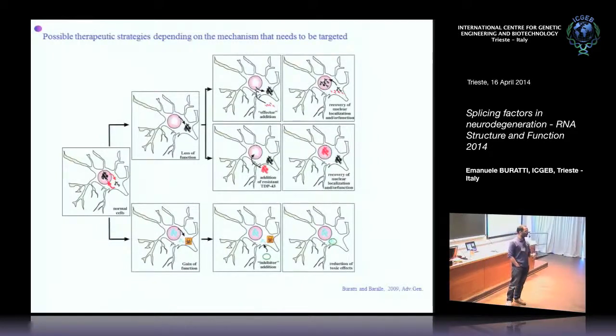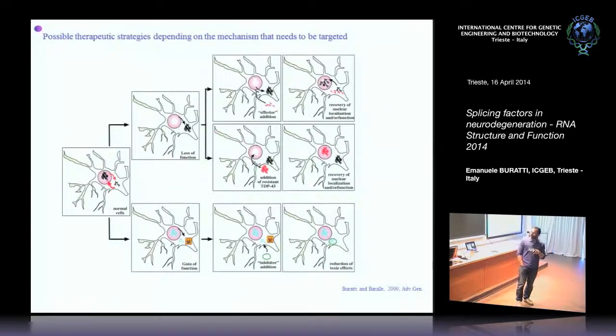I get rid of the aggregates, I get rid of the toxicity. On the other hand, if the aggregates are harmless, or mostly harmless, and the problem is that you don't have any more protein in the nucleus, then of course you can very well ignore the presence of the aggregates and find some ways of putting a more soluble, for example, TDP-43 in the nucleus, right?